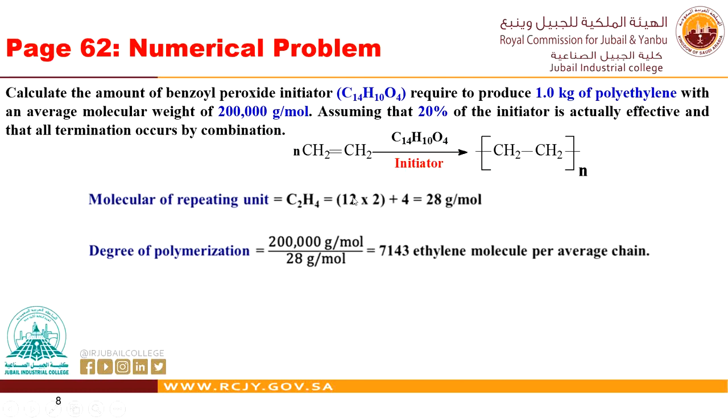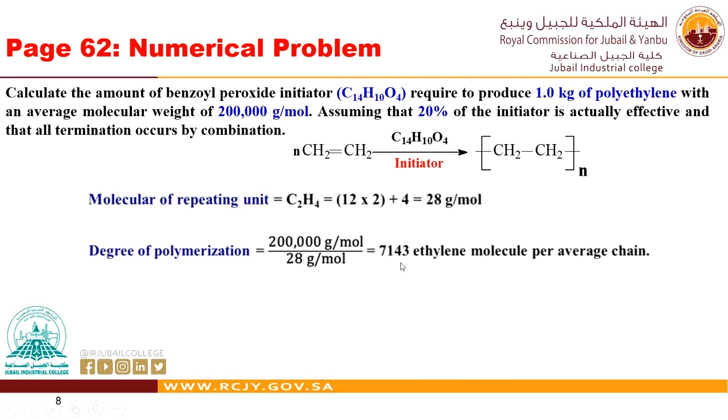So carbon is equal to 12 and hydrogen is equal to 1. So when you multiply 2 by 12 and 4 by 1, we end up with 28. So the molecular weight of the repeating unit is 28 gram per mole. So if we want to calculate the degree of polymerization, we take the molecular weight of the polymer, which is given in the question, and we divide it by the molecular weight of the repeating unit.